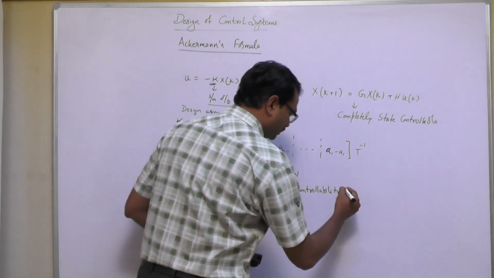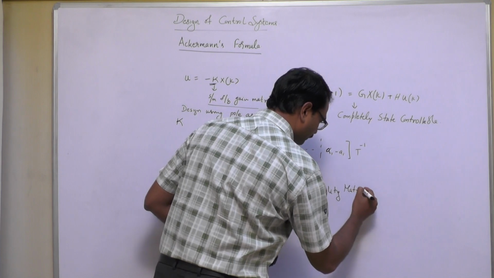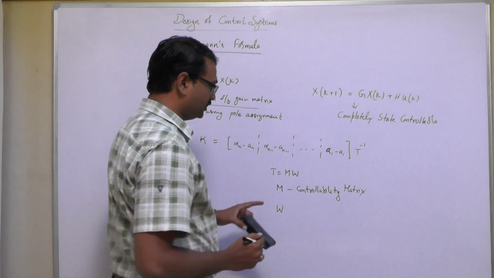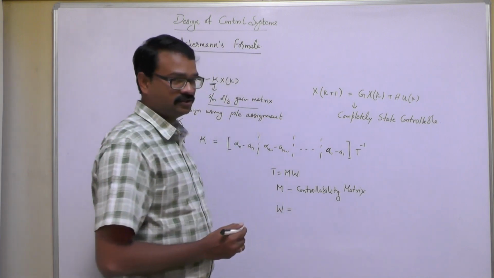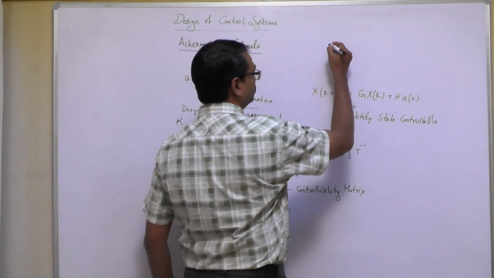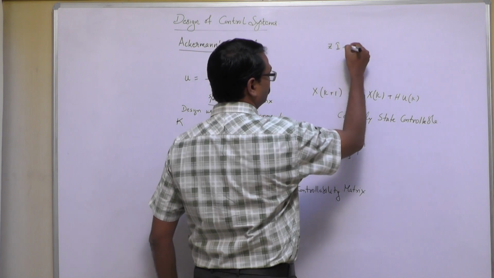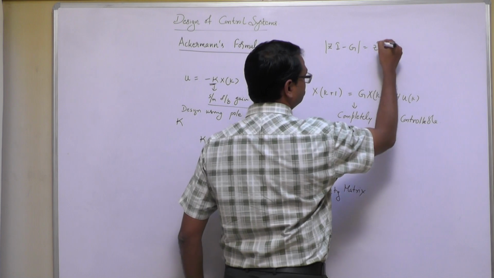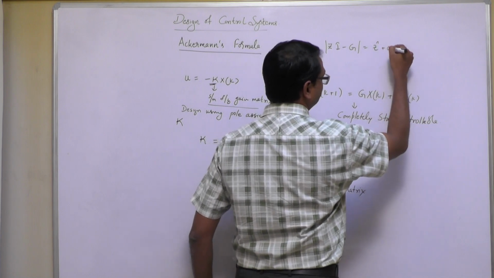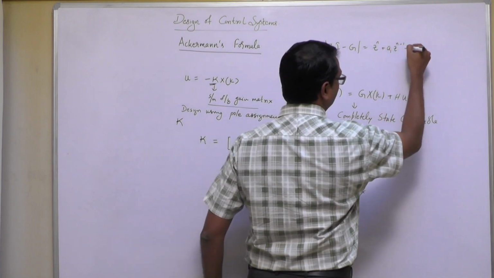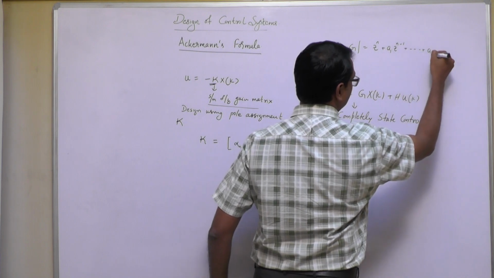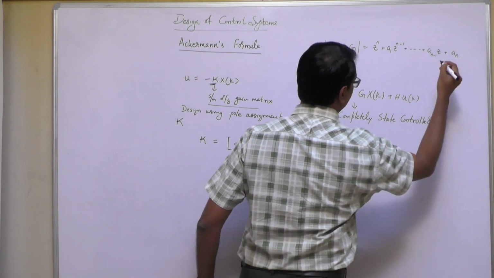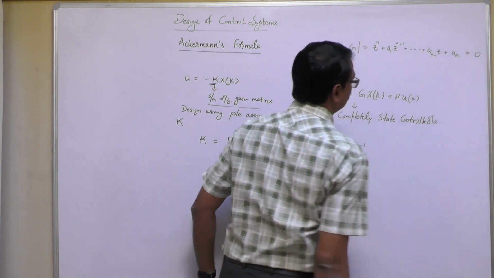M is our controllability matrix here, and W is obtained from the coefficients of the characteristic equation of this form, the determinant of zI minus G, which we have written as z power n plus a1 z power n minus 1 plus and so on, plus an minus 1 z plus an, equal to 0.